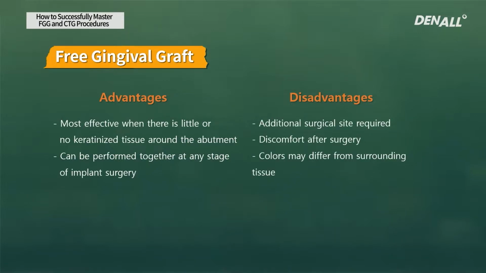Disadvantages: an additional surgical site is required, the donor site and the surgical site of the implant, and discomfort after surgery. Aesthetically, the color of the gingiva may differ from surrounding tissue. So these are the disadvantages.